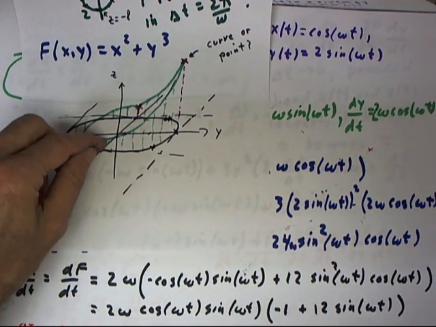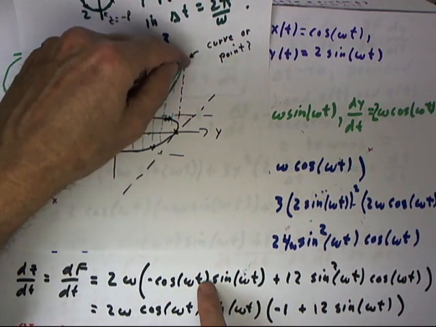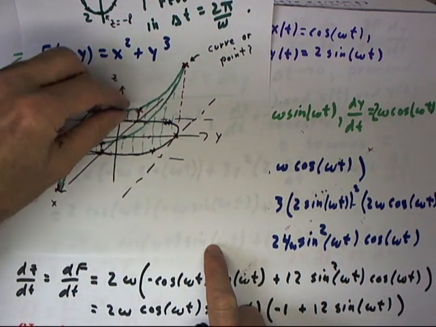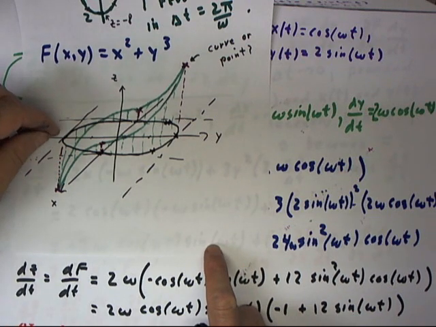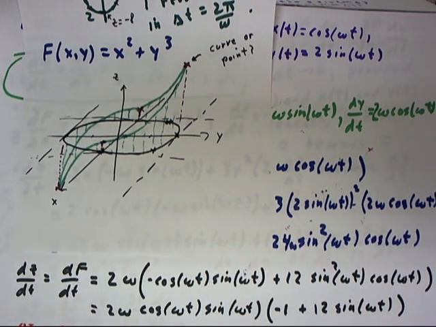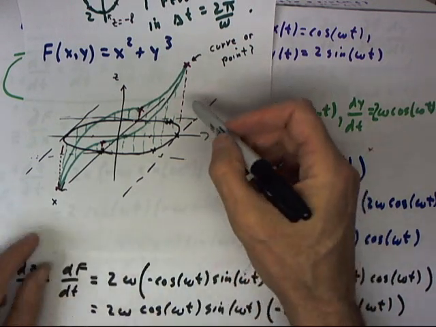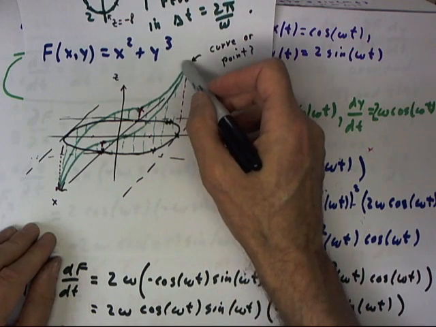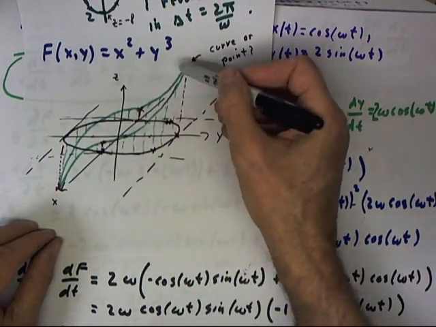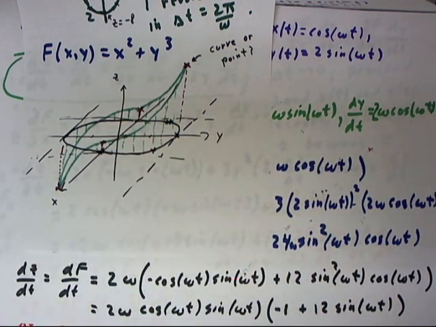So at this point of the curve and the point directly above the y-axis, the point directly above the x-axis along the minor axis, and the point along the major axis on the curve, we're going to have 0 derivative, which means that an object traveling along in time is going to not be rising or falling at this point, this point, this point, or this point.